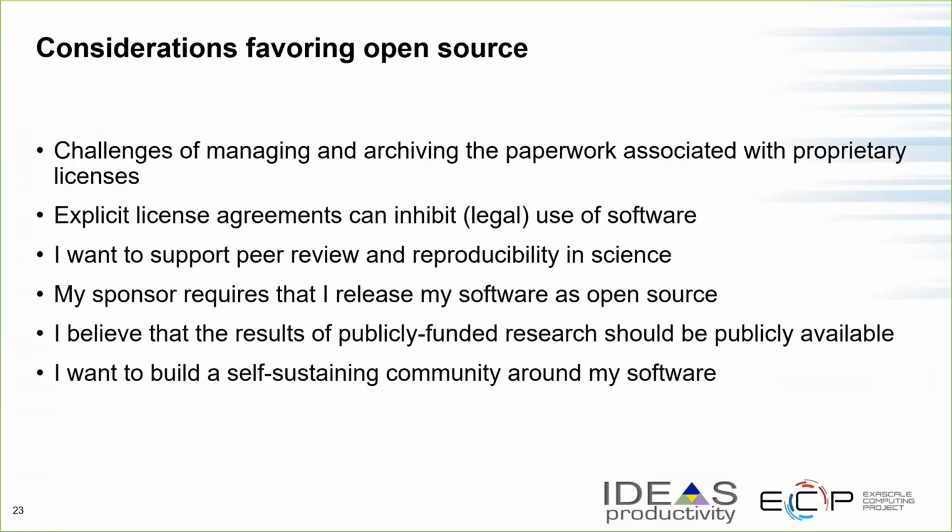They expect all the code that they develop to be released under open source if possible. The results of publicly funded research should be publicly available. That's another consideration that many people have. And then this idea of building a self-sustaining community around a piece of software, that's very hard to do if you're controlling the access to the software, the source code, too tightly.